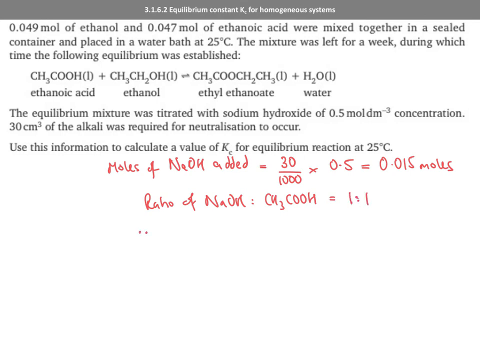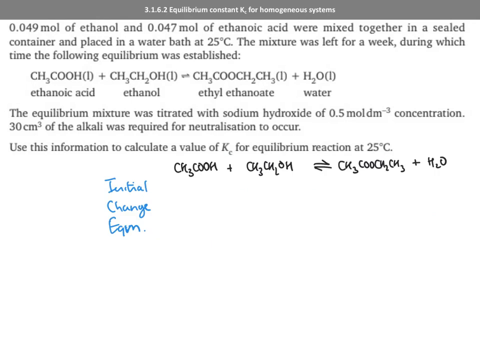So therefore, the moles of ethanoic acid at equilibrium equals 0.015 moles. Now we've got initial moles of ethanol, initial moles of ethanoic acid, and equilibrium moles of ethanoic acid. From that we should be able to construct our ICE table, which is what we're going to do now.